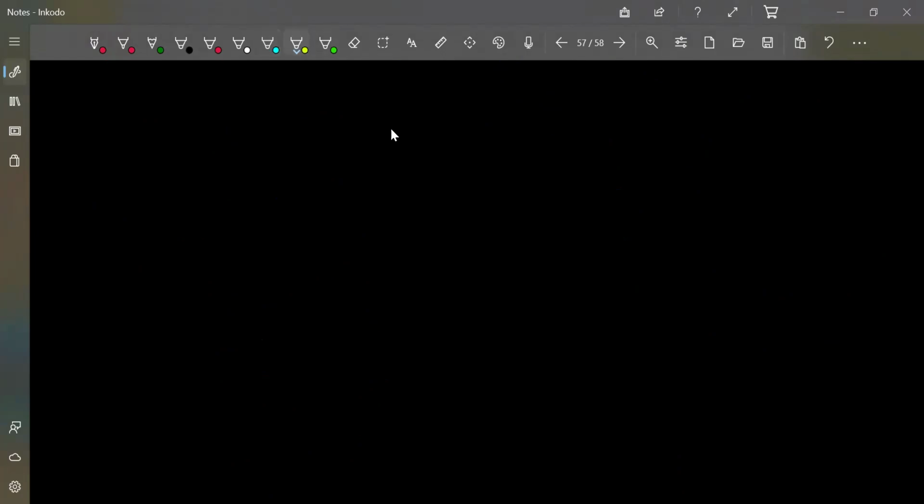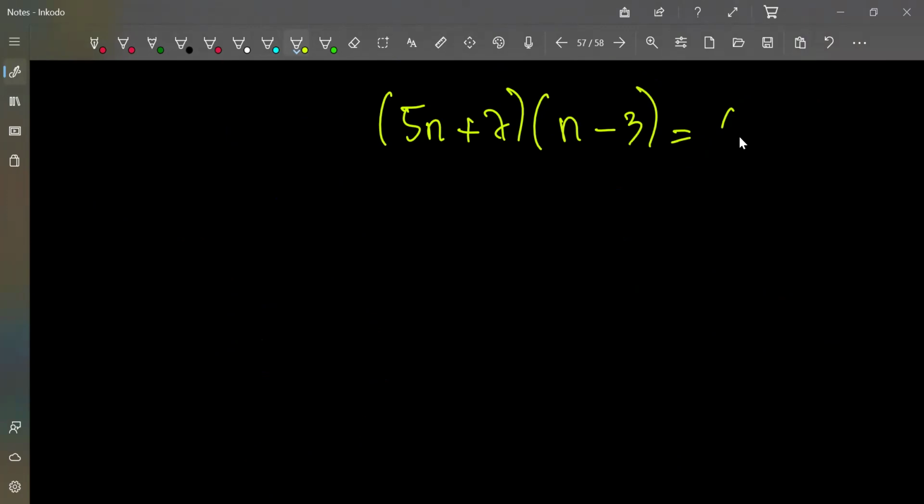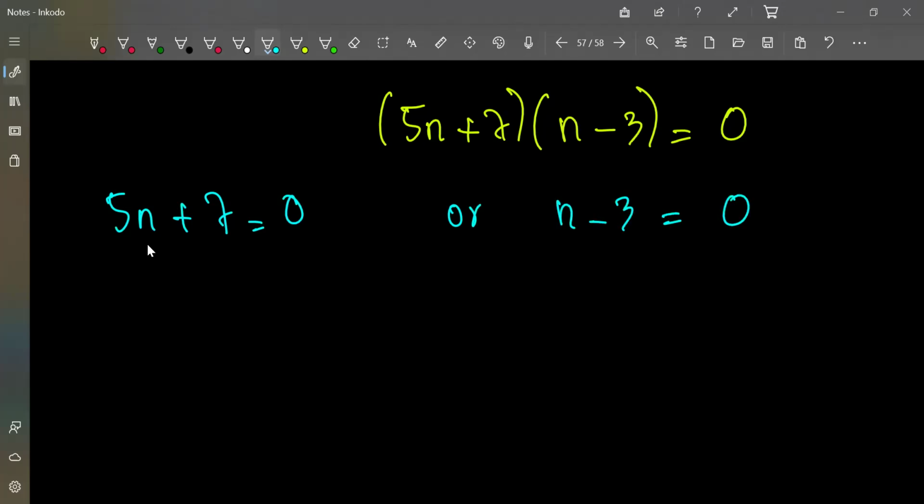So if I have 5n plus 7 multiplied by n minus 3 equals 0. So we get 5n plus 7 equals 0 or n minus 3 equals 0. So now we add negative 7 to both sides.